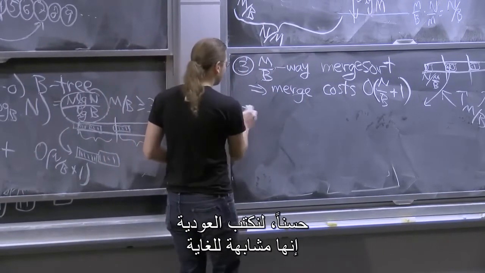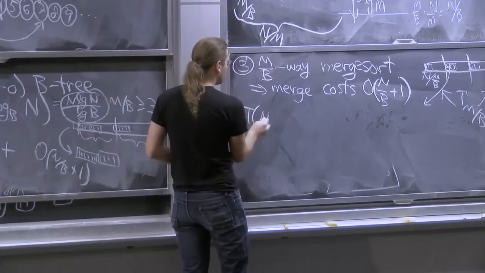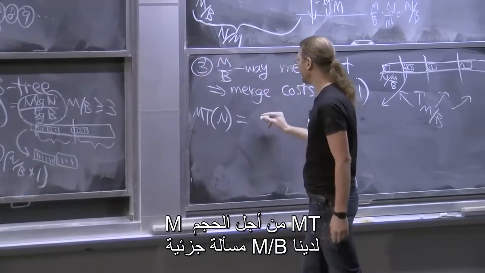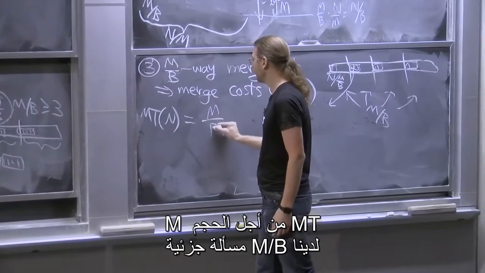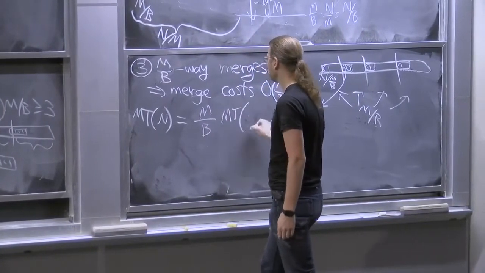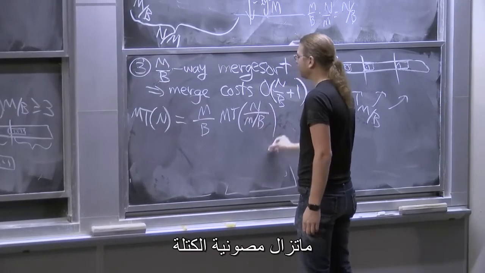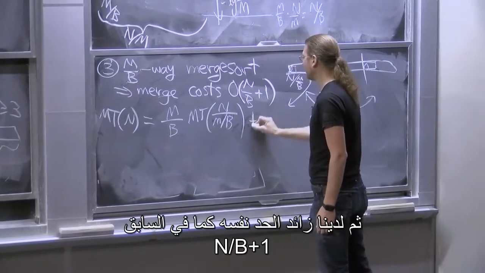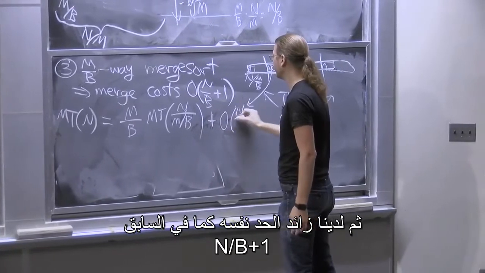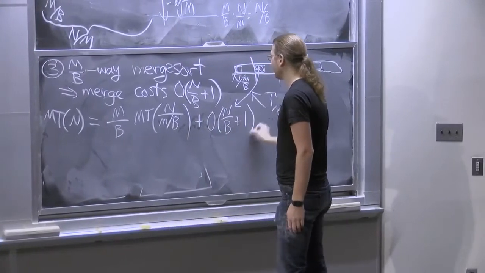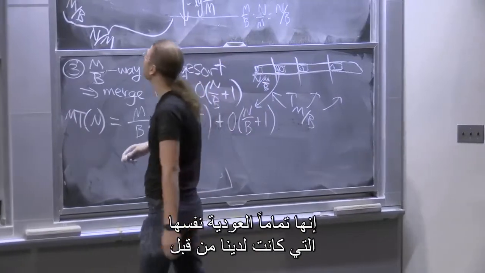OK, so let's write down the recurrence. It's pretty similar. Memory transfers, size M. We have M over B subproblems of size n divided by m over b. Still conservation of mass. And then we have plus, same thing as before, n over b plus 1. So it's exactly the same recurrence we had before.